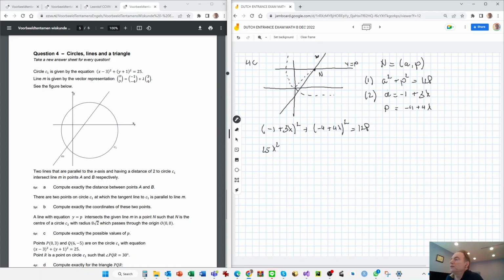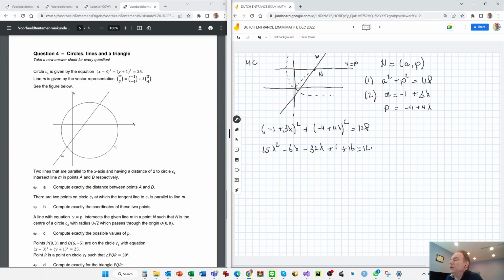So it's minus 6 lambda minus 32 lambda from here, and we have the other terms here, the minus 1 squared, which is 1, and the minus 4 squared, which is 16.